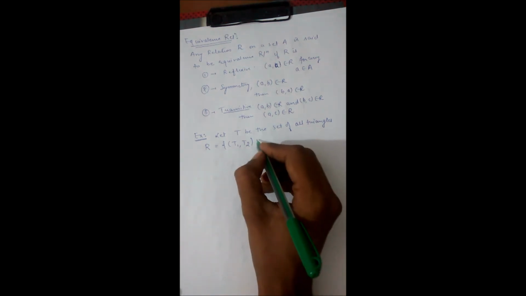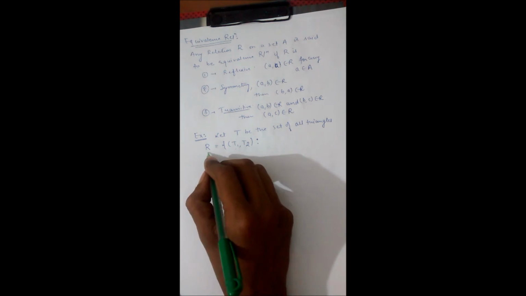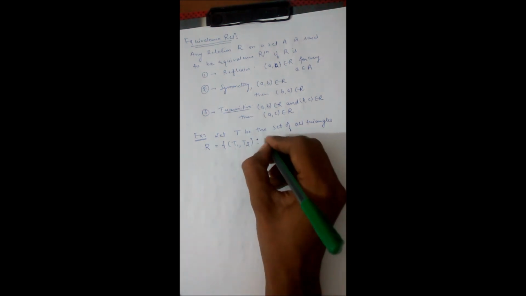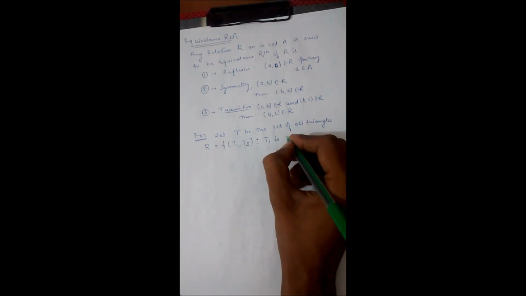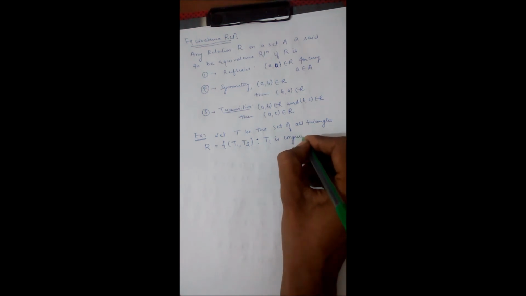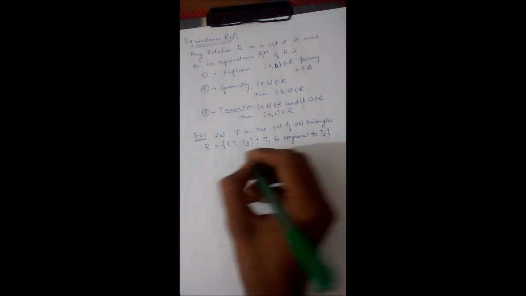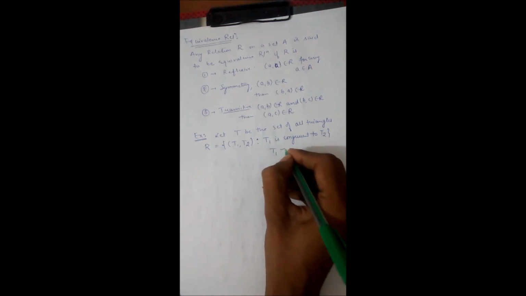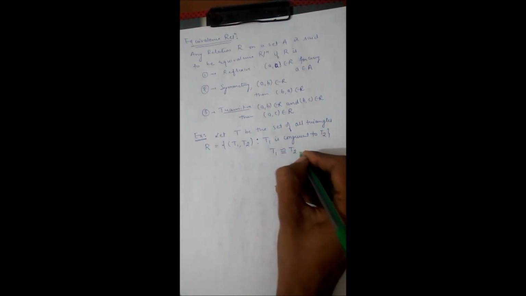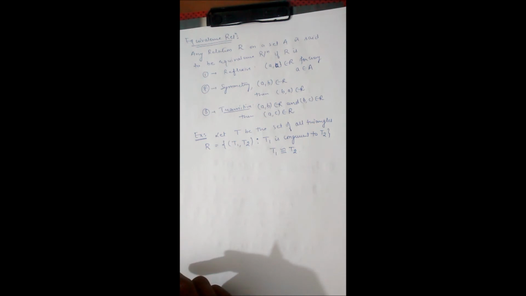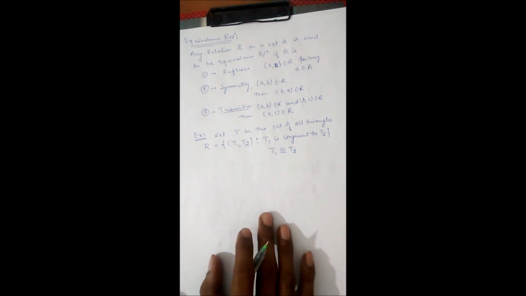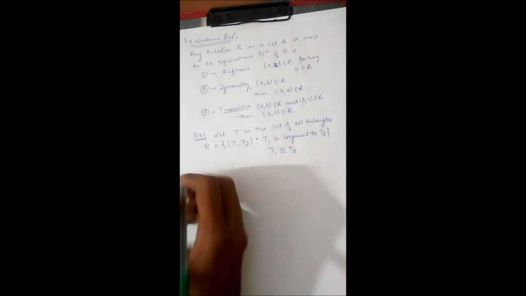Clear? Any two triangles T1 comma T2 will belong to relation R only if T1 is congruent to T2. If this condition is satisfied, then we can say my triangles belong to relation R. Now we need to check whether this is an equivalence relation or not.